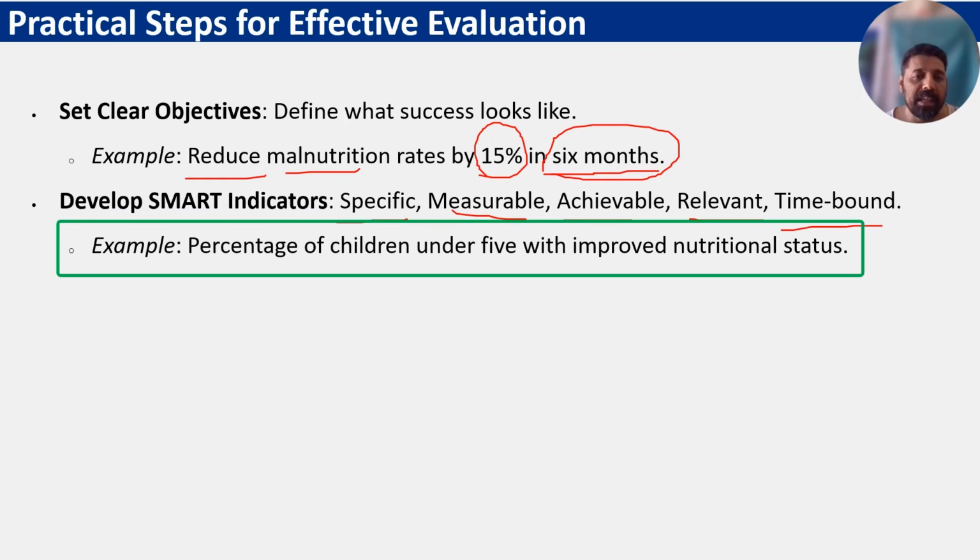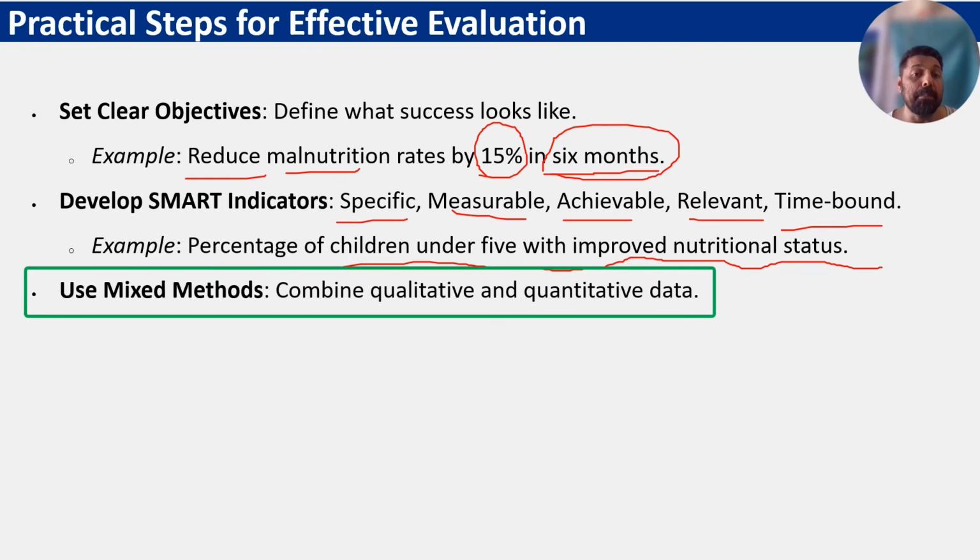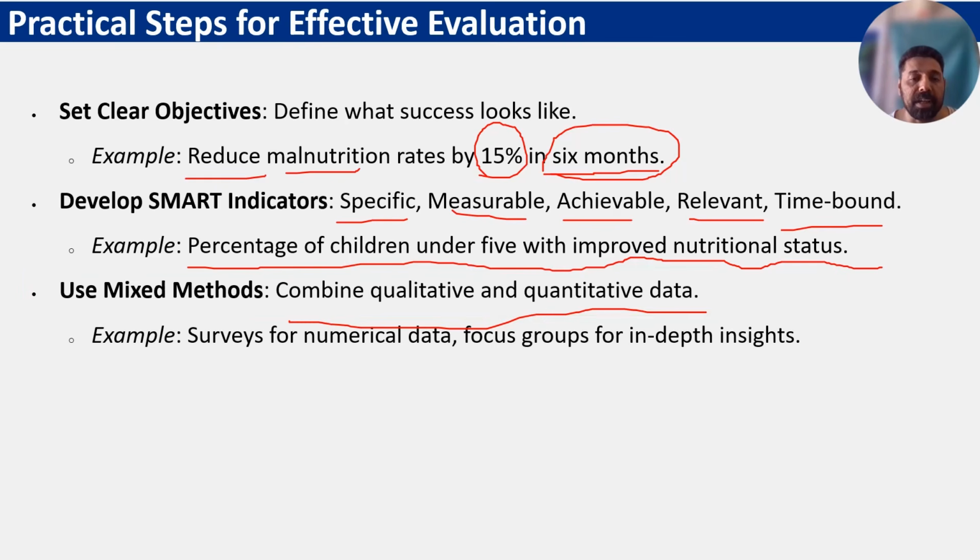For example, 6 months, 12 months, 1 month, etc. Here you can see percentage of children under 5 with improved nutritional status. Use mixed methods, combining qualitative and quantitative. Collect quantitative data, but qualitative also. I have already mentioned in the previous session that quantitative is numerical data, for example surveys.